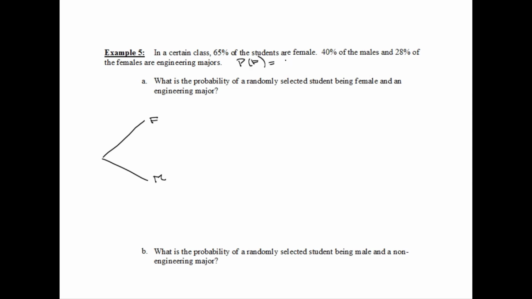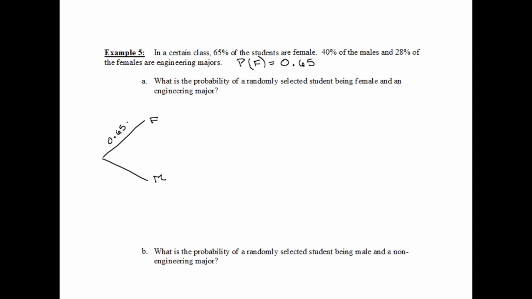Remember, our probability is a number between 0 and 1, so this will be 0.65. So we just rewrite that percentage as a decimal. Okay, so we can put that on our probability tree.